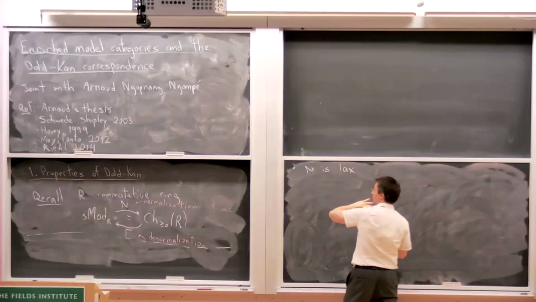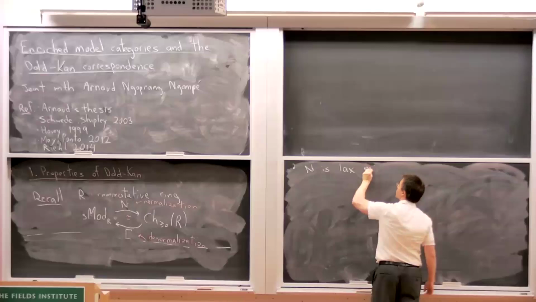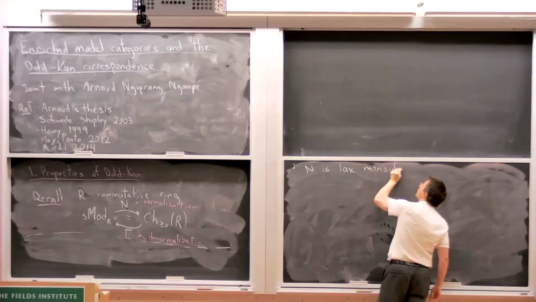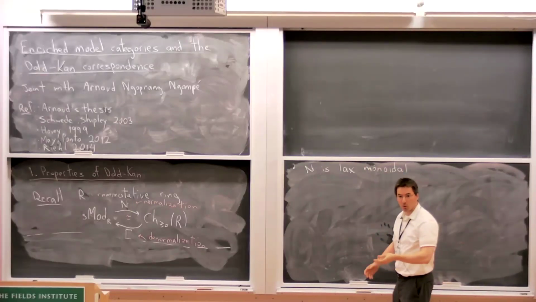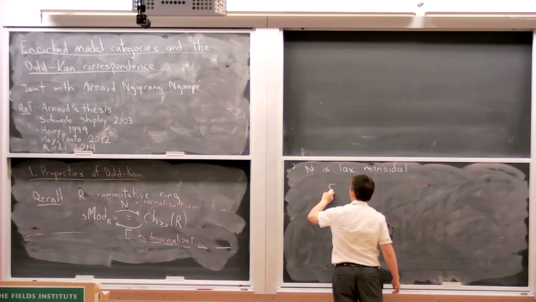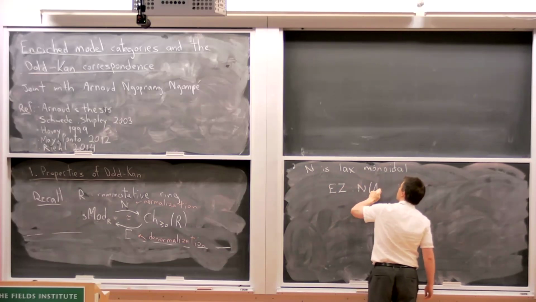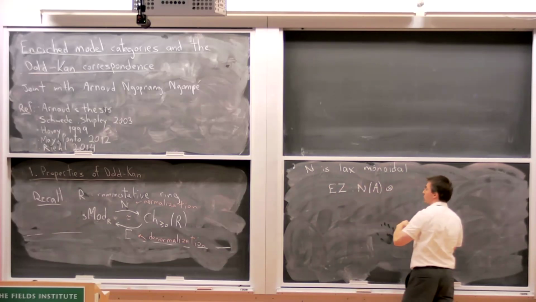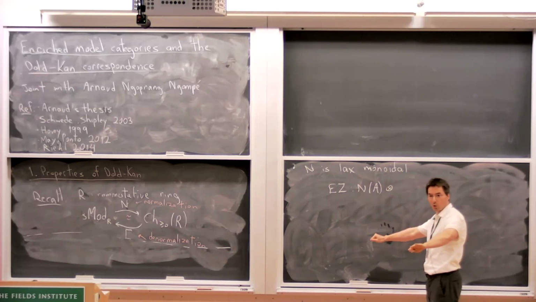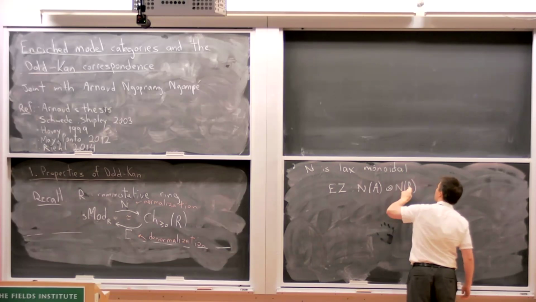If you put everything on the normalization side, normalization is lax monoidal via the Eilenberg-Zilber map, also called the shuffle map, because the formula involves shuffles. It goes this way. If you take two simplicial modules, you normalize both of them and take the tensor product of those chain complexes.